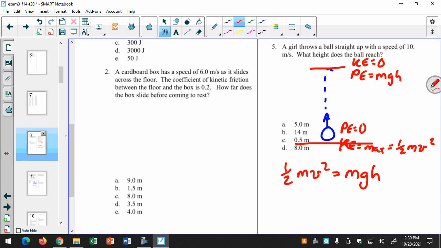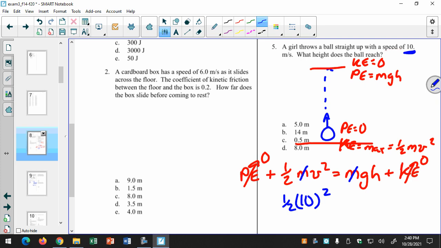This is just like the little bead on a string problem, right? I'm just saying that the potential energy here at the bottom is equal to 0, and the kinetic energy at the top is equal to 0. Then I can cancel out my masses. I divide every term by m, and I get 1/2 of 10 squared, that's the speed of 10 meters per second, is equal to 10, that's g, times h.